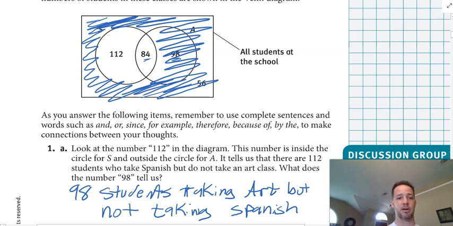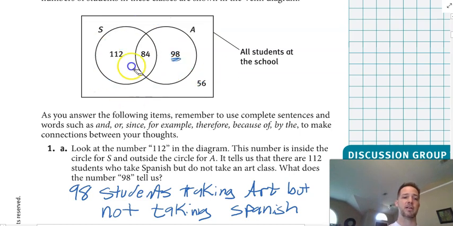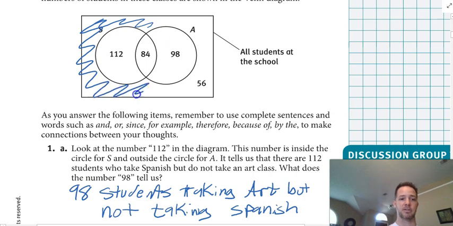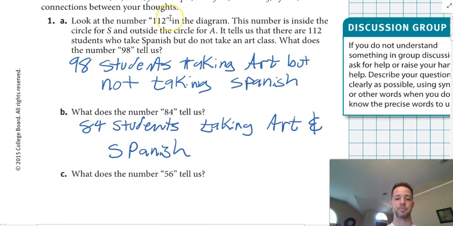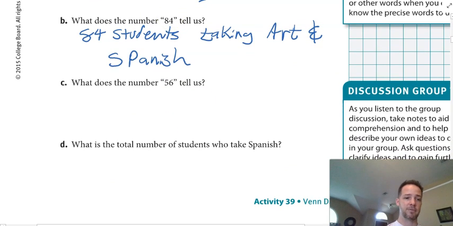Or not taking art, we'd say, oh, these students included. So it'd be everybody but 84 students. So we phrase it as the students not taking Spanish and not taking art. So they have to be outside of both of those circles, and that's just the 56 students that aren't taking Spanish and aren't taking art. All right, 56 students not taking Spanish and not taking art.